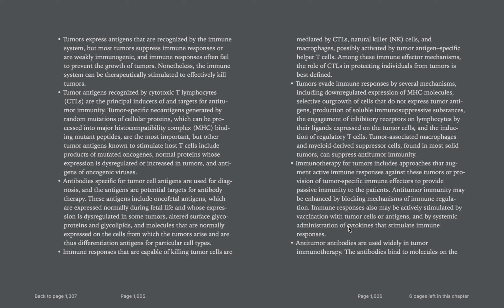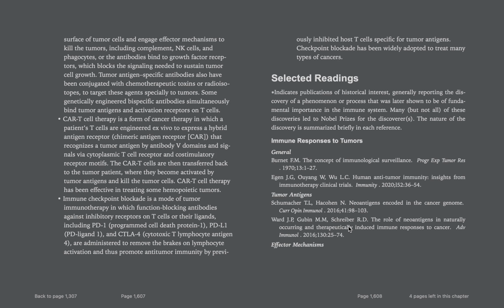Anti-tumor antibodies are used widely in tumor immunotherapy. The antibodies bind to molecules on the surface of tumor cells and engage effector mechanisms to kill the tumors, including complement, natural killer cells, and phagocytes, or the antibodies bind to growth factor receptors, which blocks the signaling needed to sustain tumor growth.